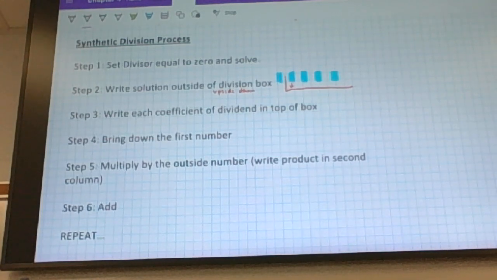Well, disclaimer. These problems are by nature longer, right? So this is like a 3. You can't do this process on this one. Why not?